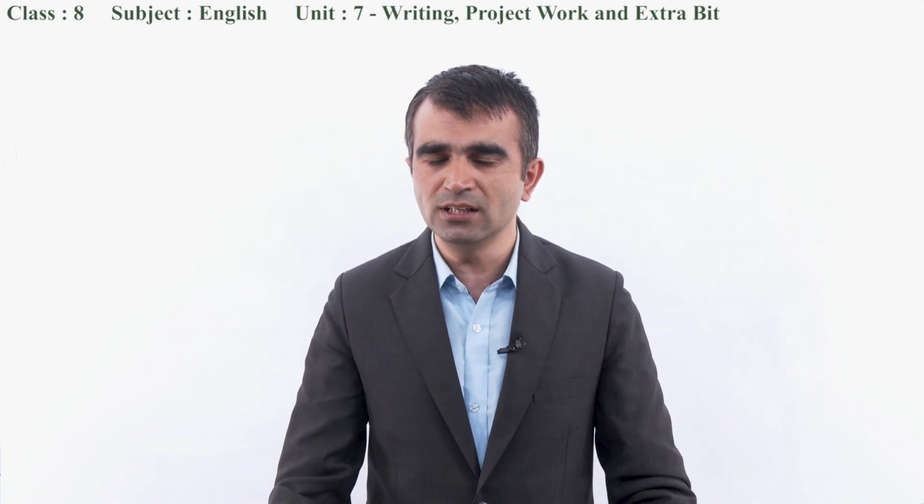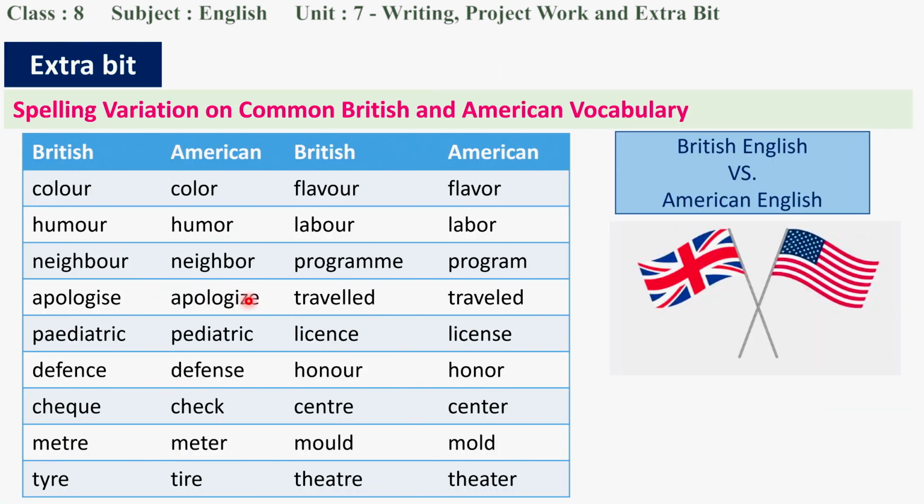And here we are going to talk about only spelling variation, spelling difference. Okay, there are slight differences here. Let's read. Well, British and American. You can see here this is the British flag and this is the American flag. So here we are going to read the spelling of some words that are spelled in Britain and in America in their own way.